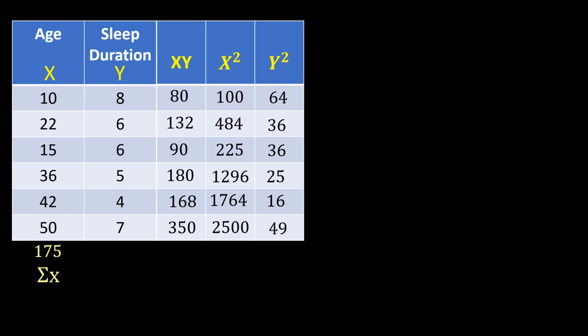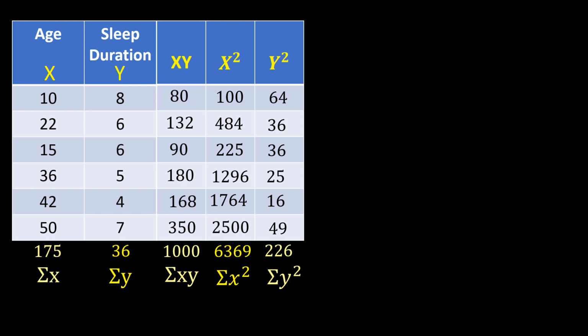Then get the total for column y, which we call the sum of y. So it's 36. The sum of xy, it's 1000. The sum of x squared, it's 6369. And the sum of y squared, it's 226.